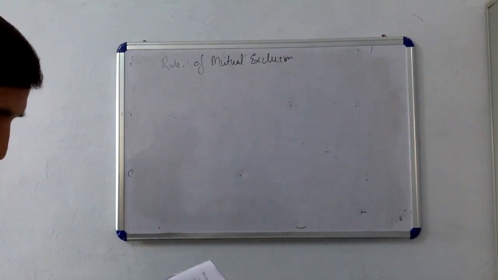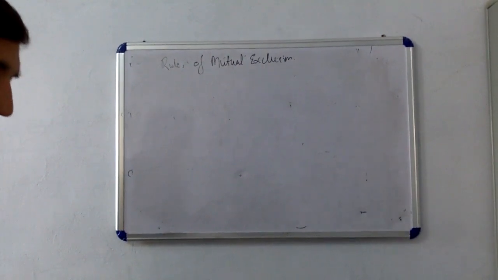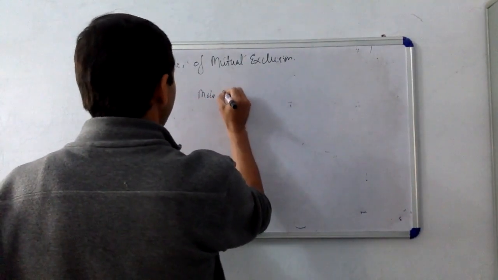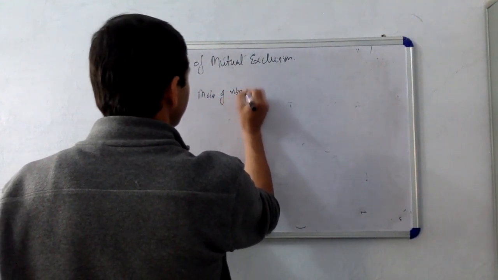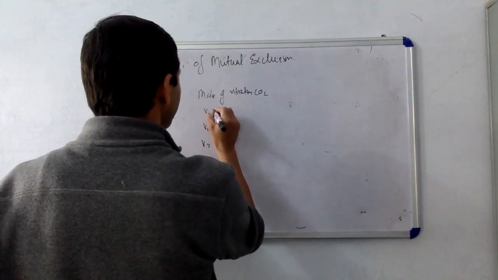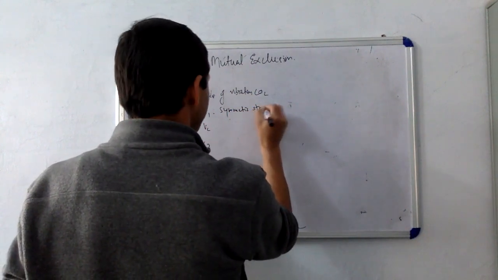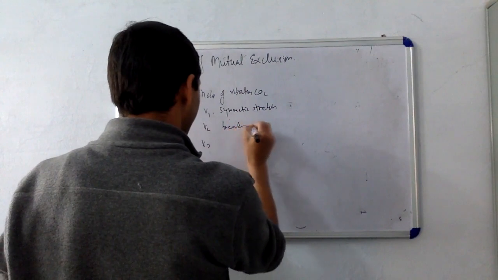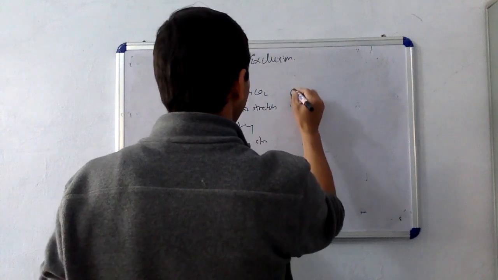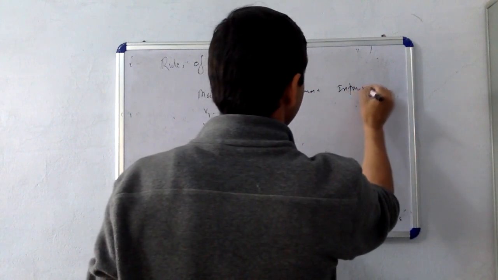So we can summarize the Raman and infrared activities of the fundamental vibrations of the molecule. I am tabling these modes. Mode of vibration, for example for CO2: v1, v2 and v3. This is a symmetric stretch, bending, or asymmetric stretching. So we have Raman and infrared.